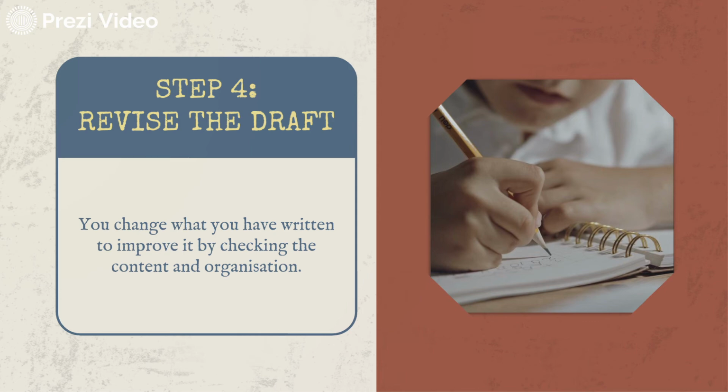What you can do when you revise your draft is to read over your paragraph to get a general overview. As you read, you can check to make sure that your paragraph has a topic sentence. You need to remember the topic sentence is the nucleus of your essay.